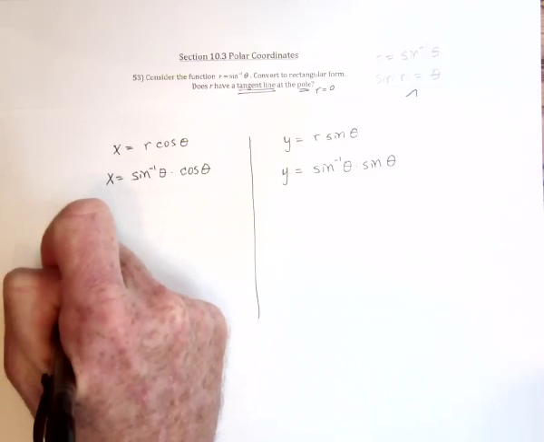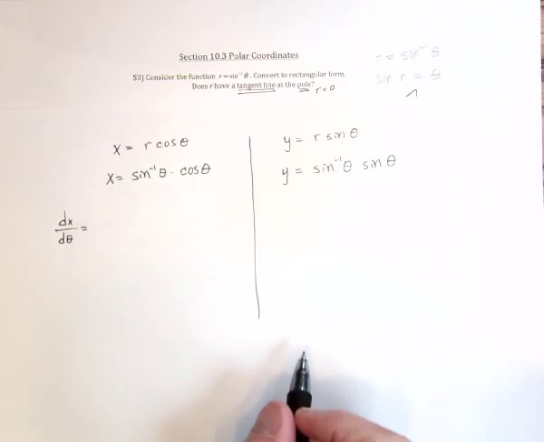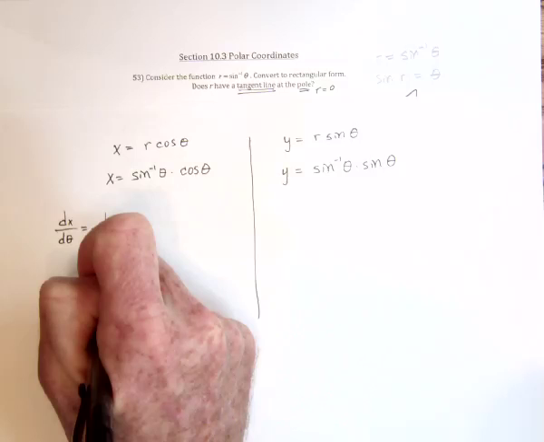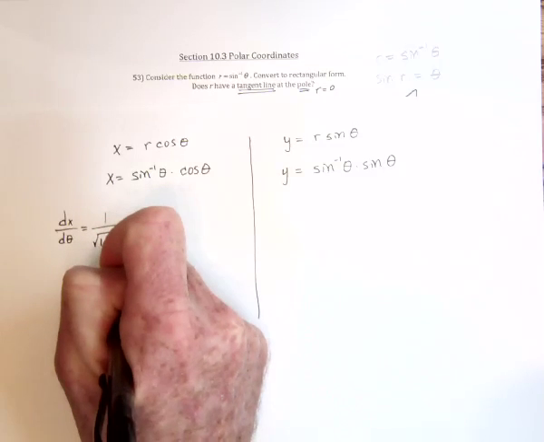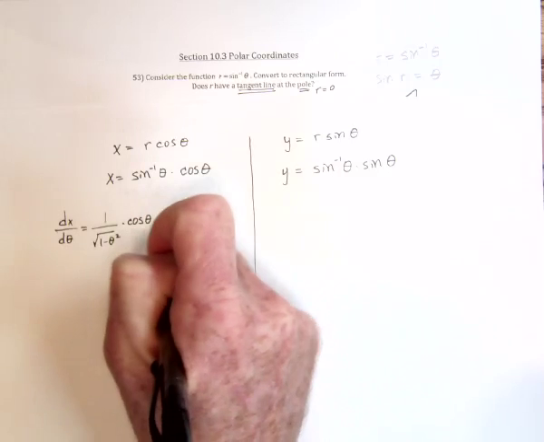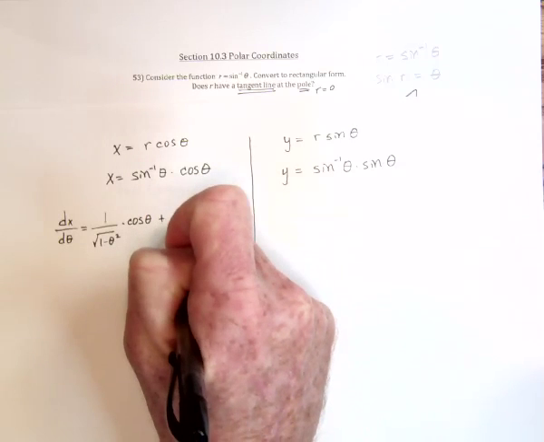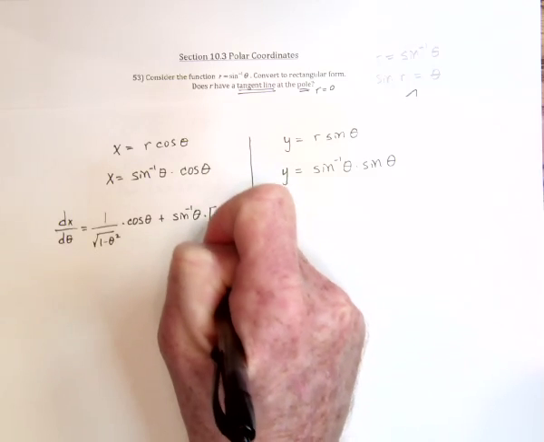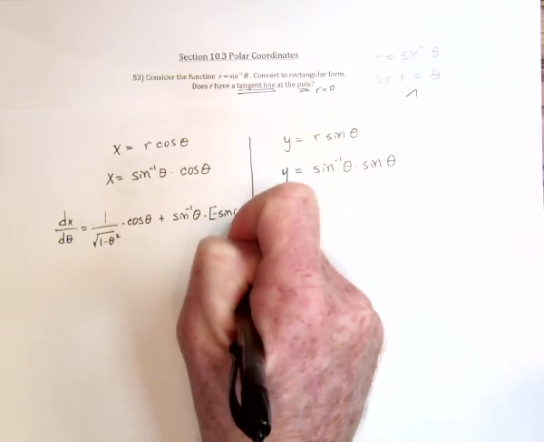dx d theta will be the derivative of sine inverse, which is 1 over the square root of 1 minus theta squared, times cosine left alone, and then plus sine inverse left alone. The derivative of cosine is negative sine of theta.